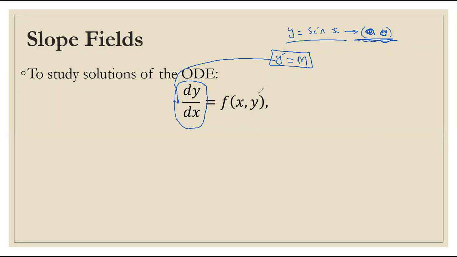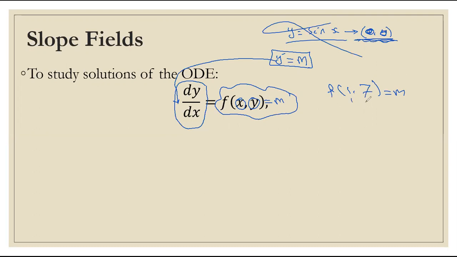And I can say also that my f(x, y) is the slope of the tangent at the point (x, y). So f(1, 7) equals m, the slope of the tangent of the given function at the point (1, 7). So starting from now, f(x, y) is my slope because it is my y prime, and the y prime is the slope.